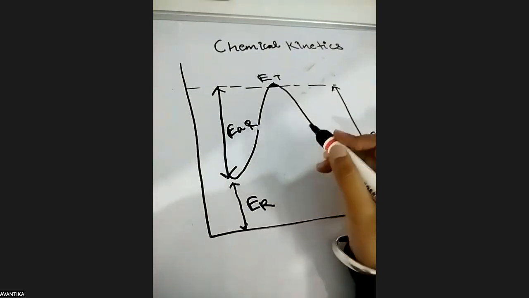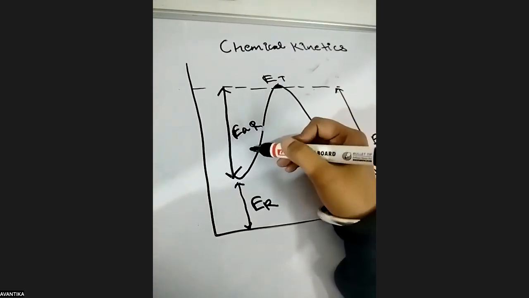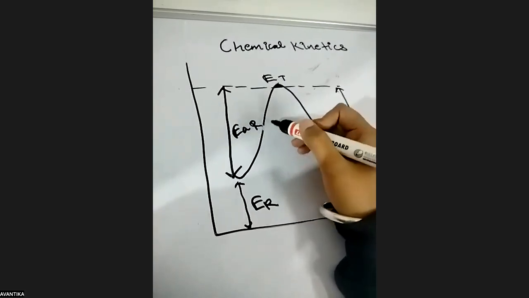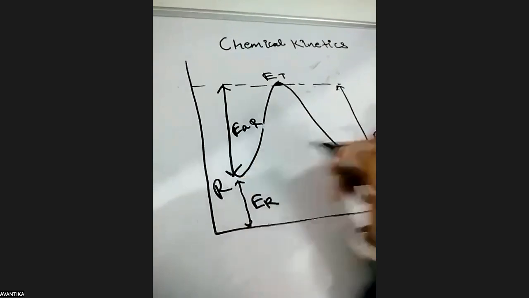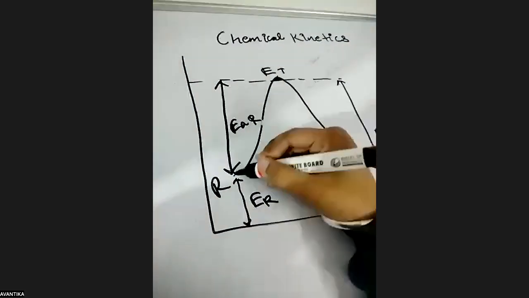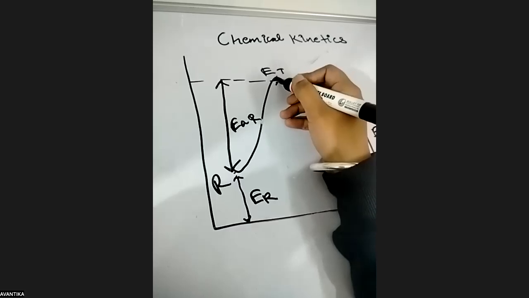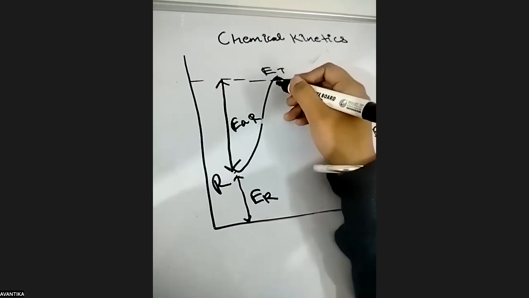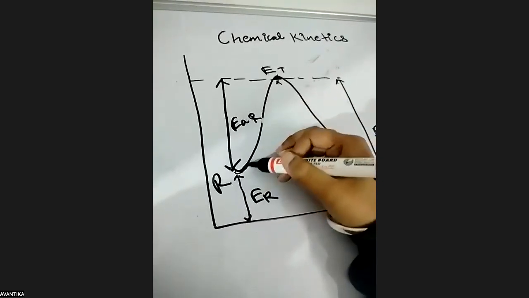And if in a reaction the reactant is converting into product by this particular amount of activation energy, and if we add a catalyst, then this activation energy will be lowered.